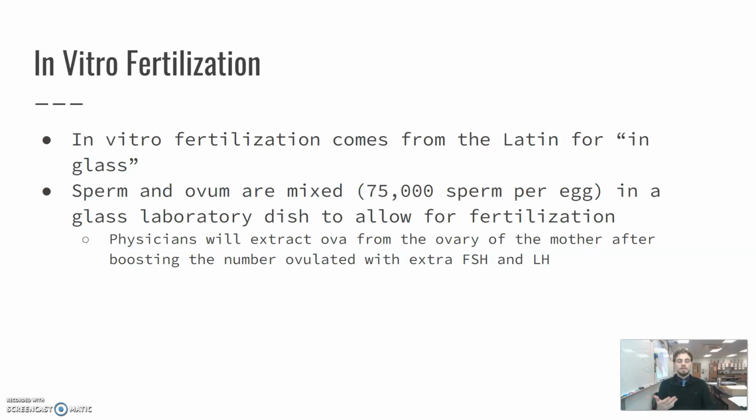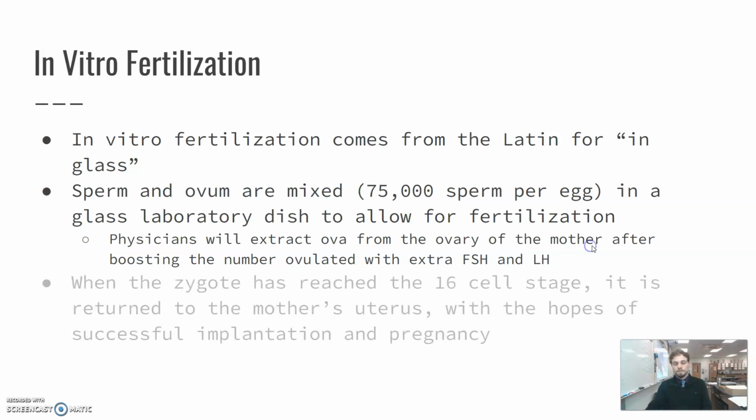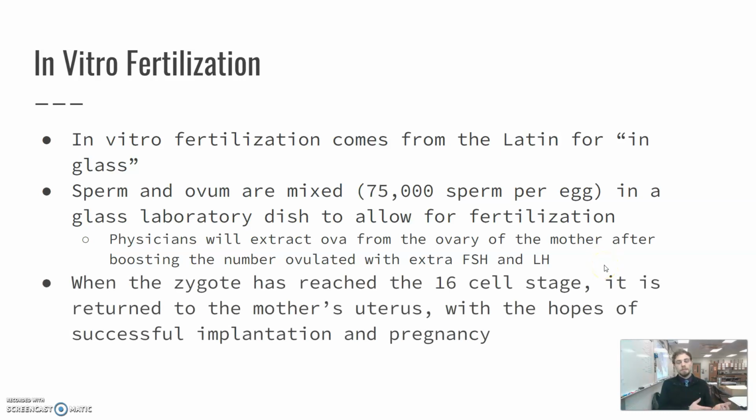And then sometimes the number that are ovulated are going to be boosted with extra shots of FSH and LH in the female. And then on the male side, typically things like a sperm donor from either the actual father or from an anonymous donor can be used, but they're going to get mixed into that petri dish.